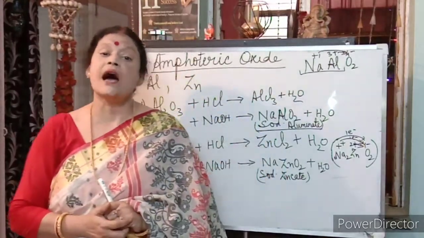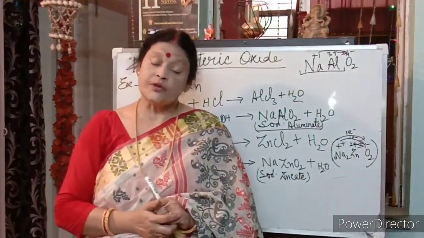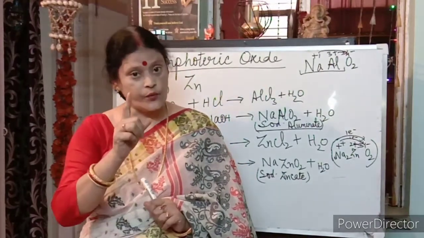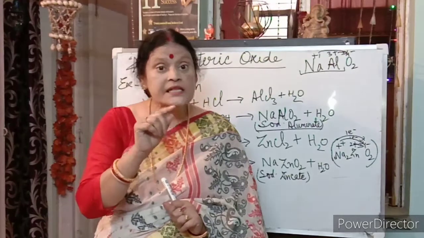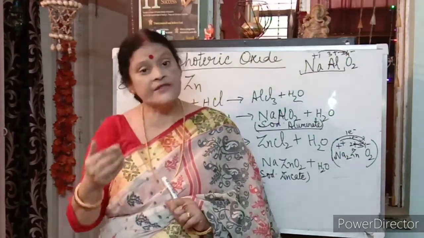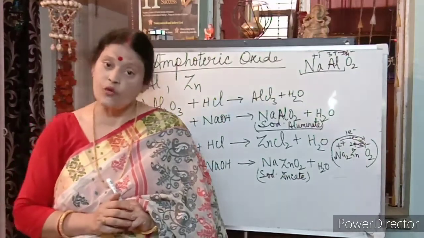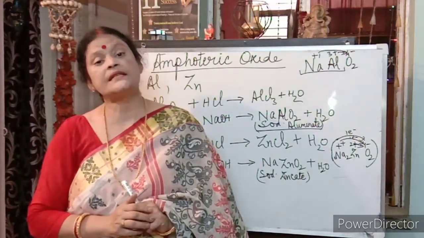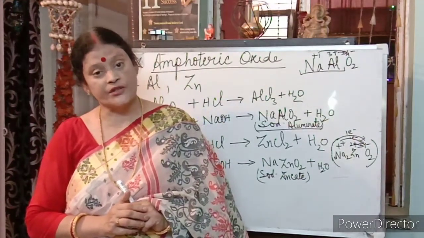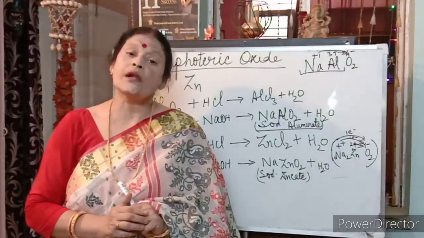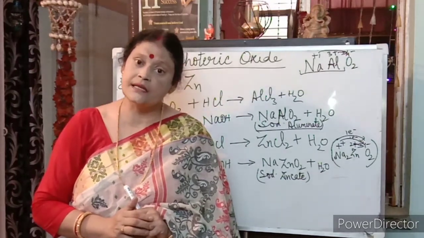Students used to write metals which are acidic or basic in nature. No, wrong. When they react with acid as well as base, they form salt and water. So that means it is amphoteric in nature. Clear? All the examples are not in your syllabus. Only aluminium and zinc are in the syllabus.